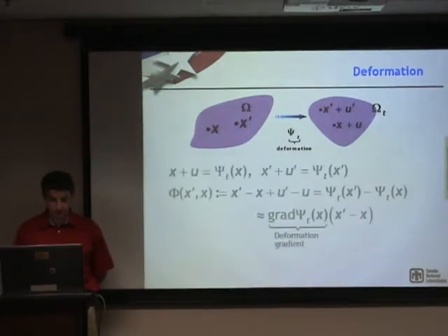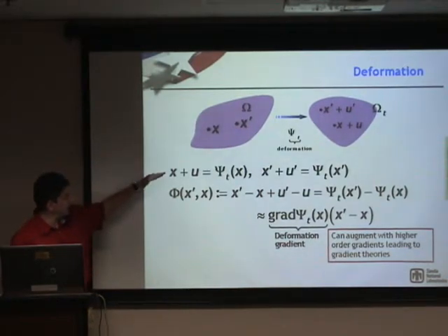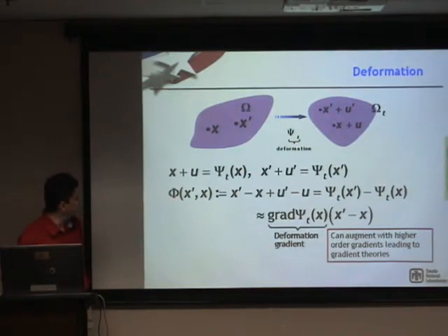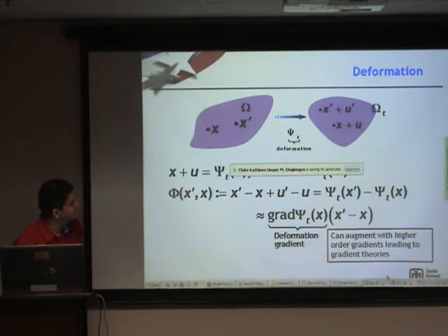So this is just 101. And so I can now relate that deformation to the displacements as in the top line right here. And then I'm going to define a quantity called phi of x prime comma x, and I'm going to define it to be the difference, the vector between. And you realize then I can relate things back to the deformation.